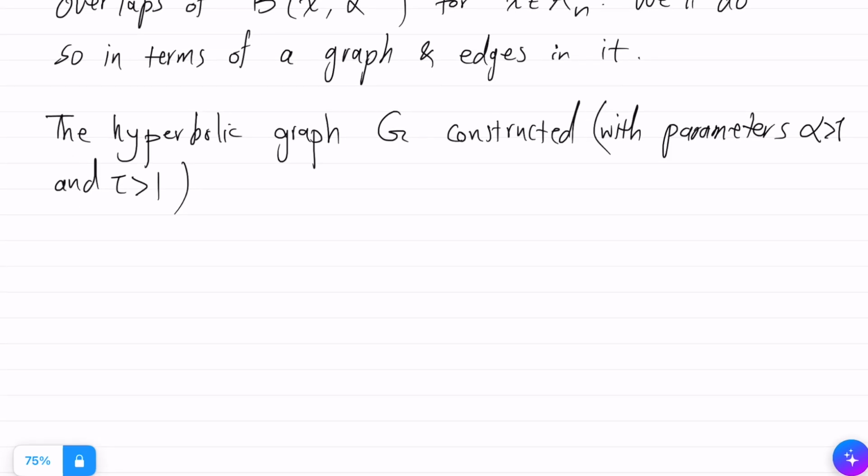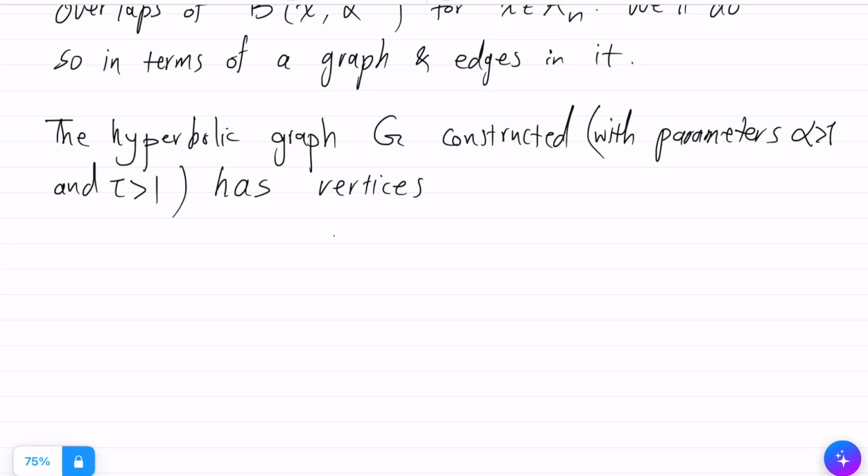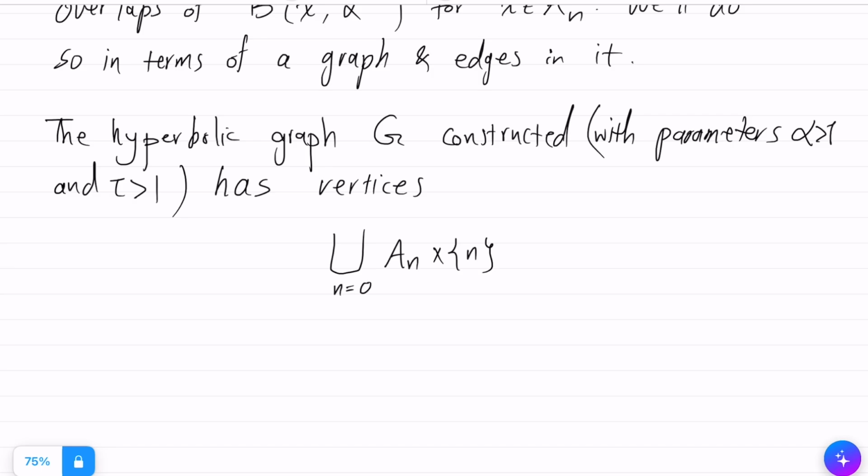So I want to give you a graph, so I have to first tell you what the vertices are. So it has vertices the union of An cross n, where n goes from 0 all the way to infinity. So this is our vertex set.